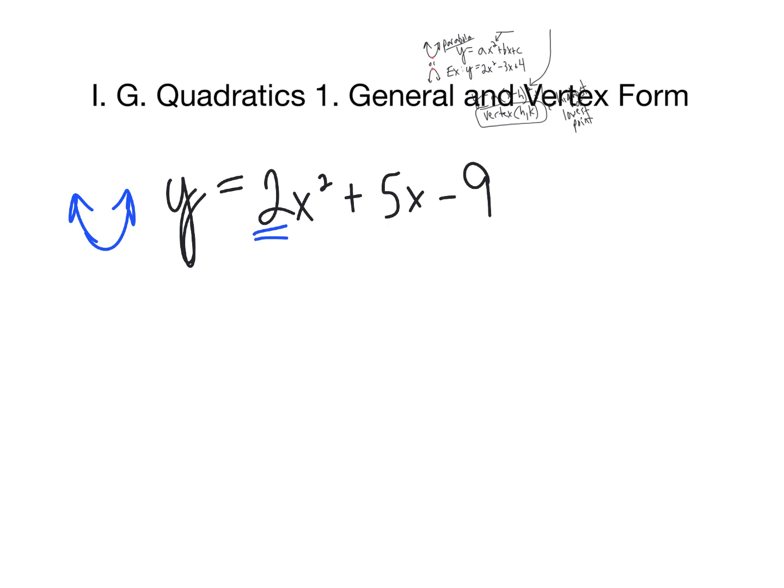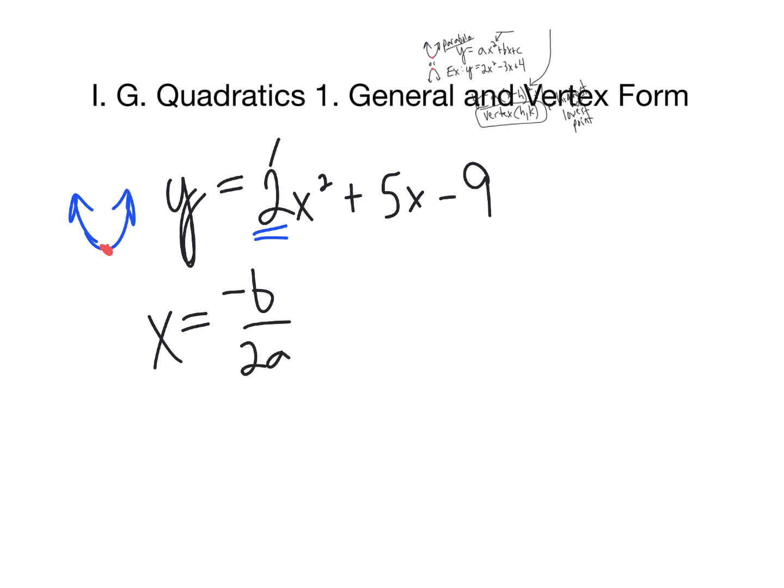Remember, this is like the smile, opening up, positive, smiling person. If it was negative, it would be opening down. So since it opens up, it's going to have a definite low point, which is going to be the vertex. So the vertex, if it's in this form, it's not quite as easy just to see it. We have to do this negative b over 2a.